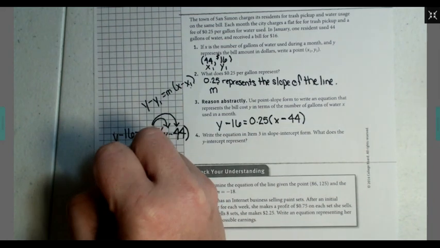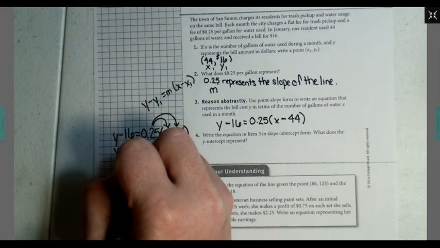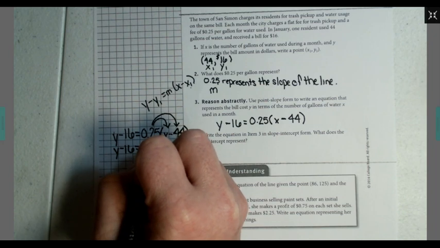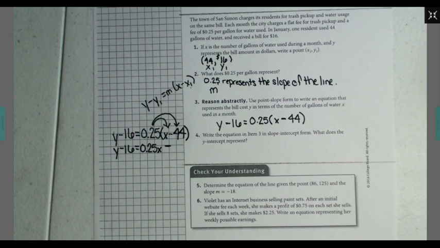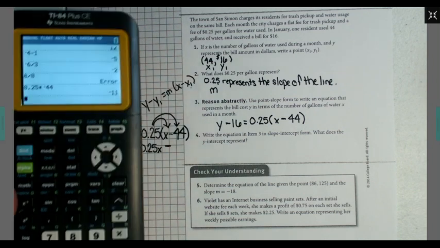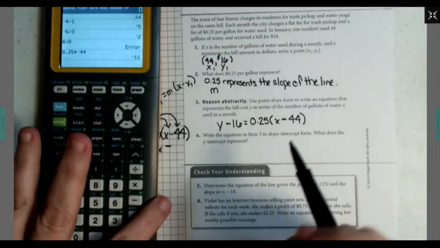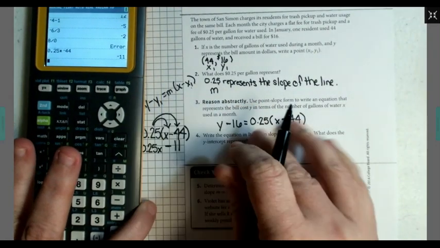So I'm left with y minus 16 equals 0.25x minus, all right, 0.25 times negative 44 gives me negative 11. So I'm going to put minus 11.